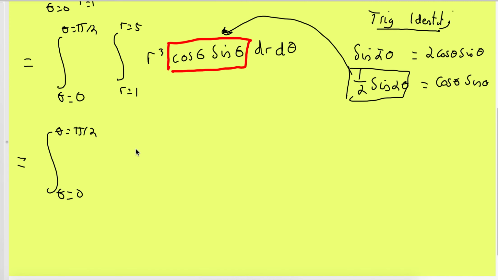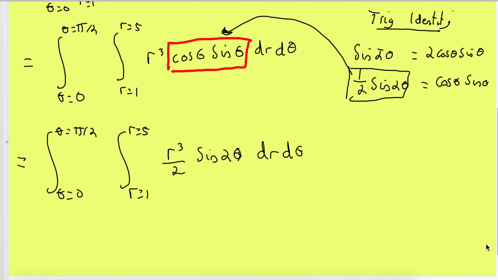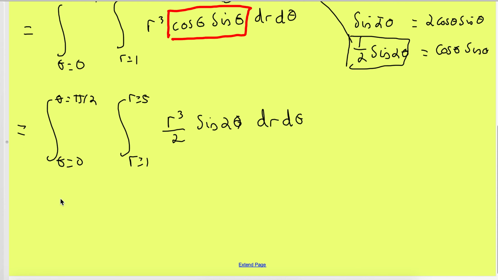Right, I'll just put the thing in before I actually integrate. So that's going to be r cubed over 2 sine 2 theta, dr d theta. Right, let's integrate.